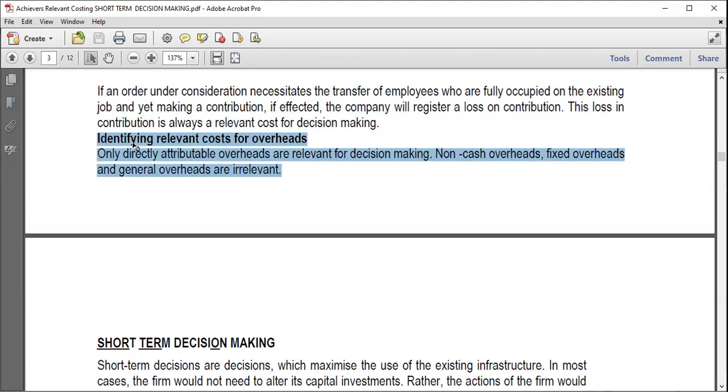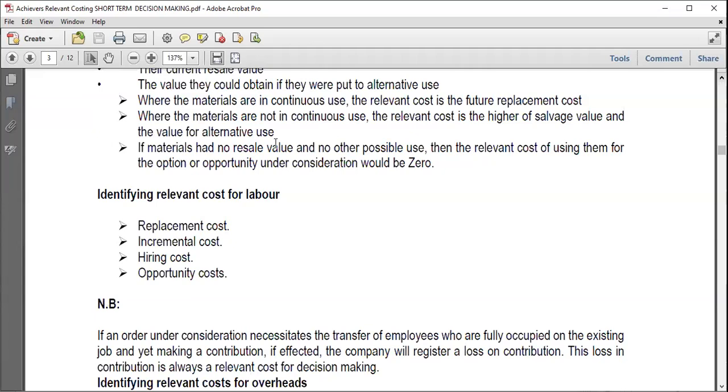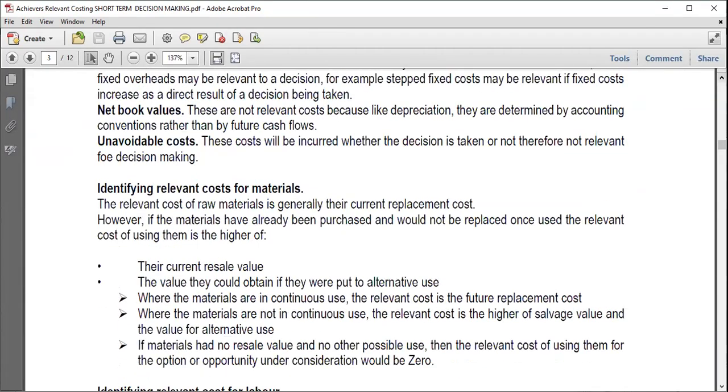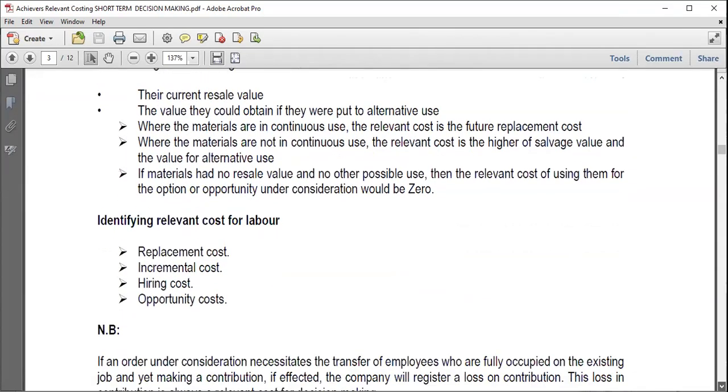And then we have what we regard as overheads, identifying relevant costs for overheads. Now, for overheads, we say that only directly attributable overheads are relevant. Remember, the ones we've looked at, labor and materials, are basically direct costs, variable costs.